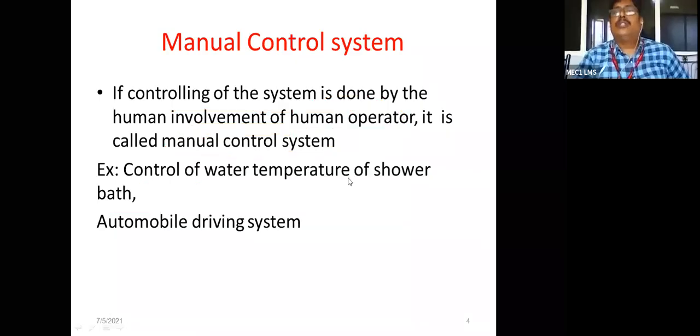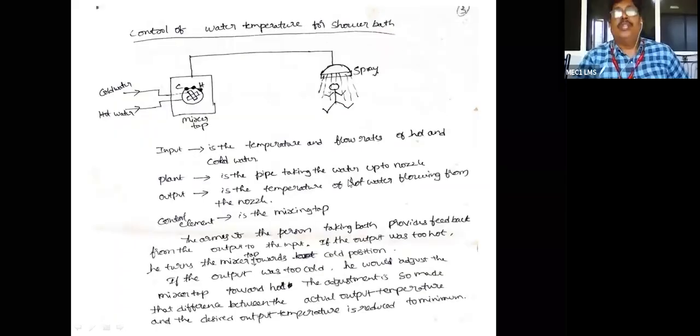See here, if you observe clearly, this is the control of water temperature for shower baths. Here, one person is bathing with the help of the spray arrangement.